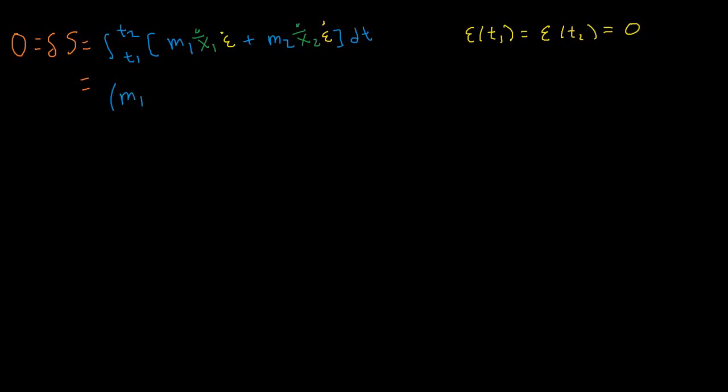So the top expression is now equal to m1 times x1 bar dot times epsilon plus m2 times x2 bar dot times epsilon, evaluated at t1 and t2.